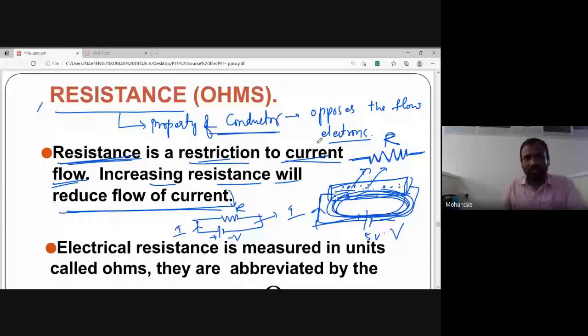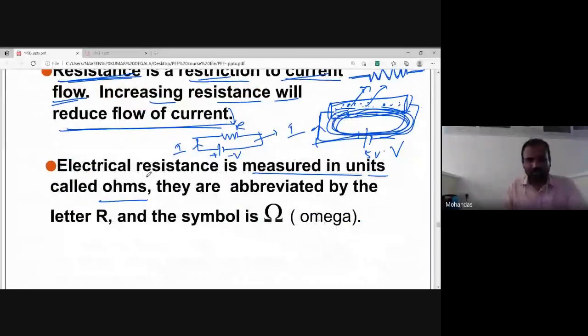Now, electrical resistance is measured in ohms, named after the scientist.